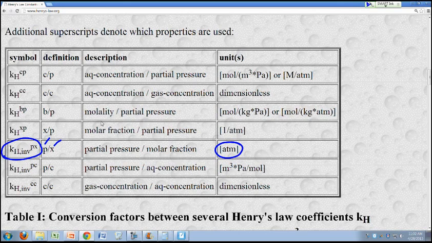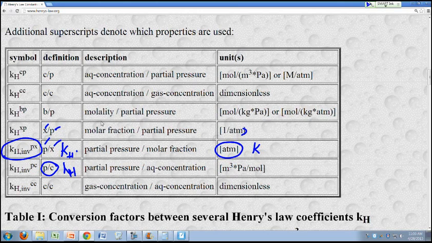And if you're dealing with mole fraction over partial pressure, then your unit would be reciprocal atmosphere. So this is what we called KH prime, right? And what's the one that involves just molality and partial pressure? That would be pressure over concentration. It would be this one. This is what we call K sub H. Partial pressure over concentration.